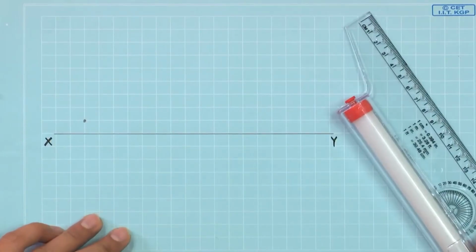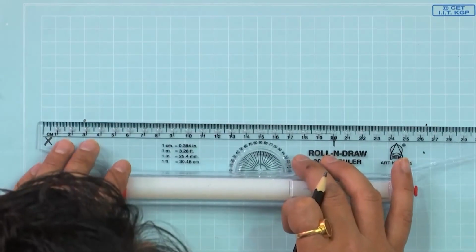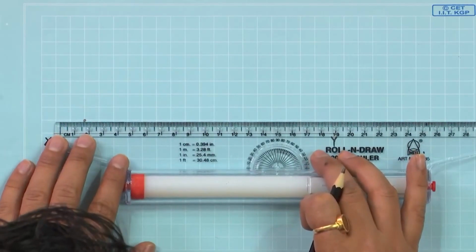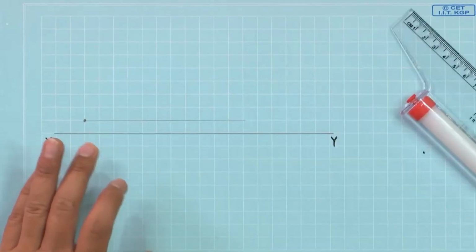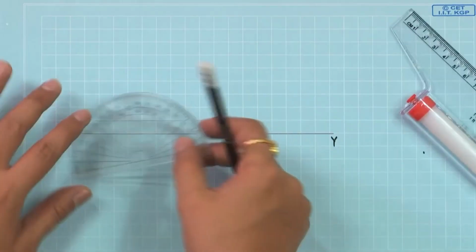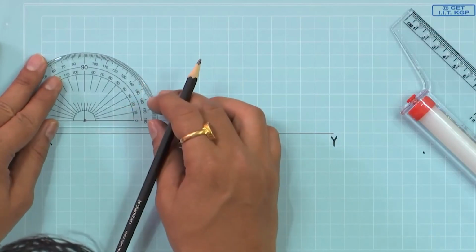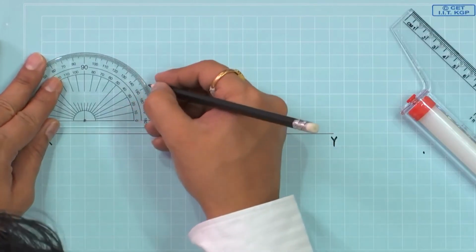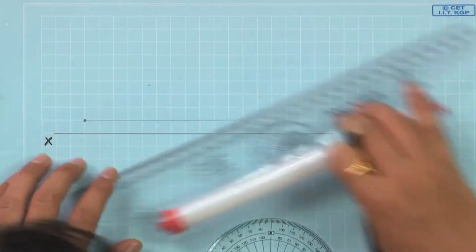Similarly, project the Q point onto the vertical plane, but that is supposed to make a 30 degrees angle. So, from here we are going to make a horizontal line, first we have to locate 30 degrees to the horizontal plane. So, 30 degrees to that horizontal plane, connect this line.